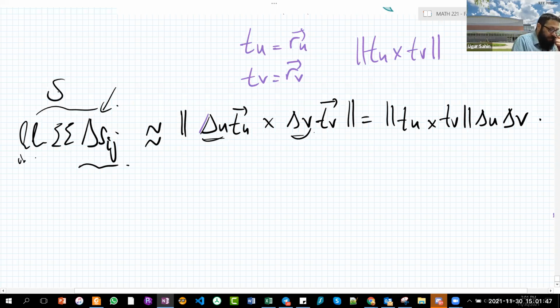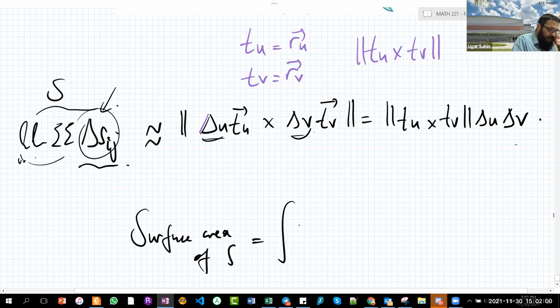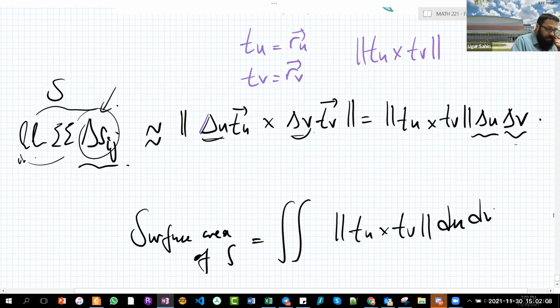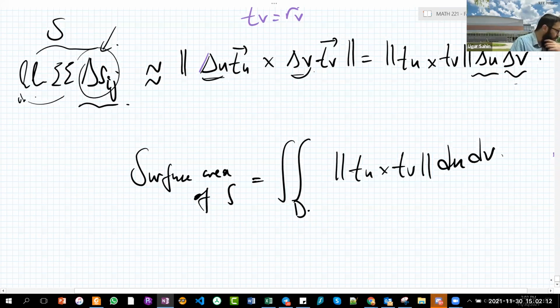So if I use infinitely many delta S, the surface area of S will be equal to the integral of the length of Tu cross Tv, where delta U becomes dU and delta V becomes dV, over the region D. Now I got a formula for the surface area. Did you see that?